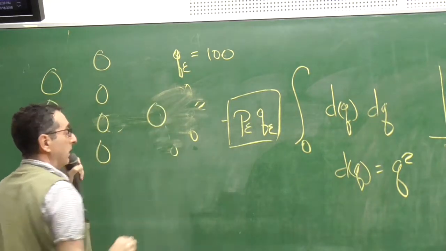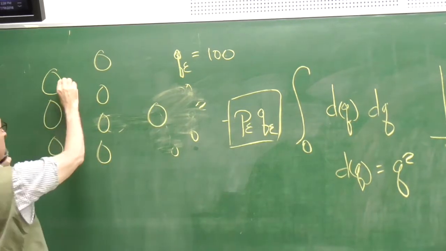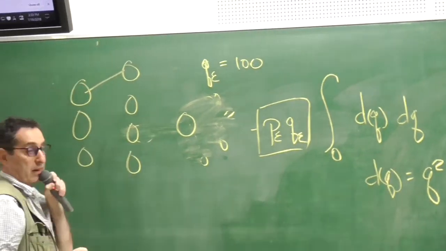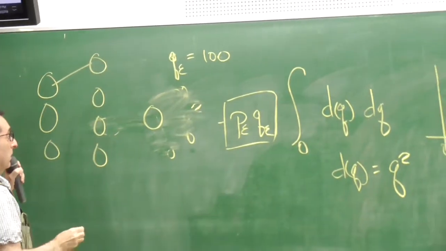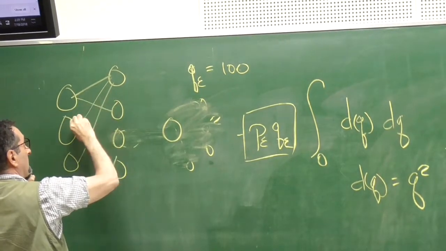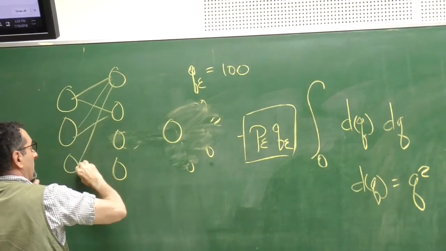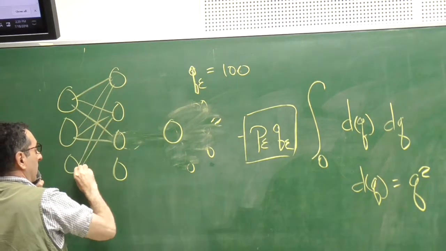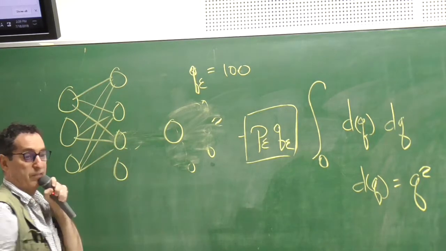Let's say you just have one there. And from each node here, you have a line connecting to each node there. So you'd have that, and that, and that. You'd have that, and that, and that. And you'd have that, and that, and that, right? And same thing over here.